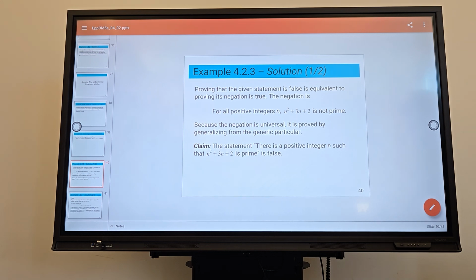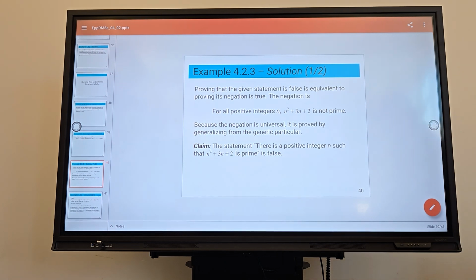The negation is, for all positive integers n, n squared plus 3n plus 2 is not prime. So how would you prove that? Negation is universal. It is proved by generalizing from the generic particular.